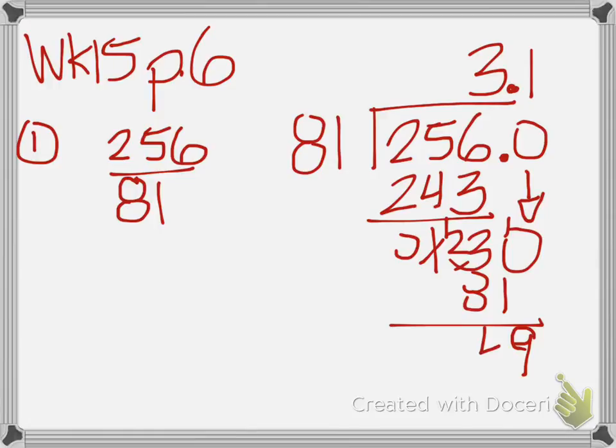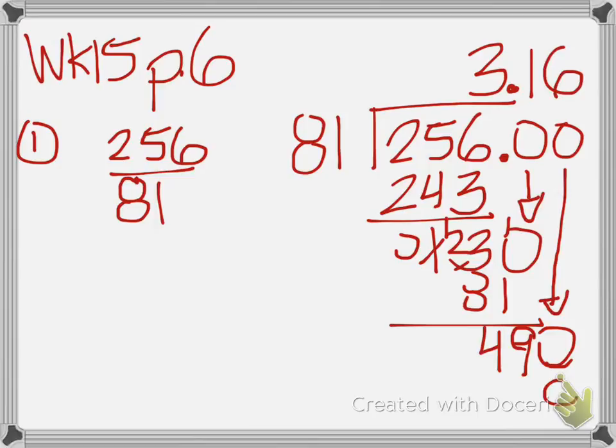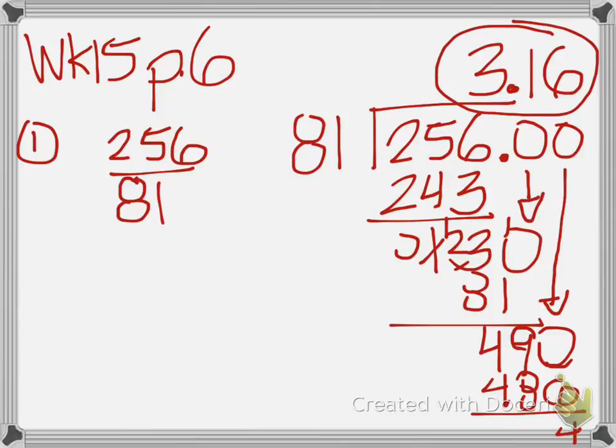So 12 minus 8 is 4. Let's bring down another 0. We have 490. And 81 goes into 490 6 times. You have a 6. 8 times 6 is 48. And we have a remainder of 4. So they were at 3.16, which is really close to our 3.14.